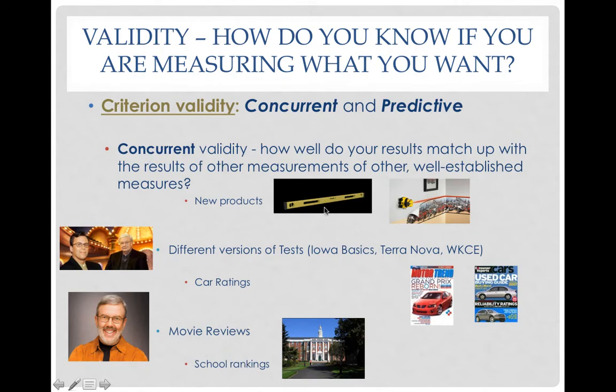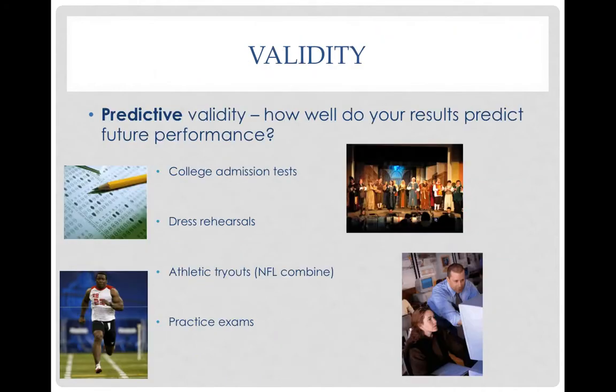Now that's concurrent validity, and the idea is that you're looking for multiple measures of the same thing in really the same time frame. Now that's different from predictive validity, which means that I'm going to use an indicator at one time to predict how someone is going to do or perform at a later time, and possibly during a slightly different task.